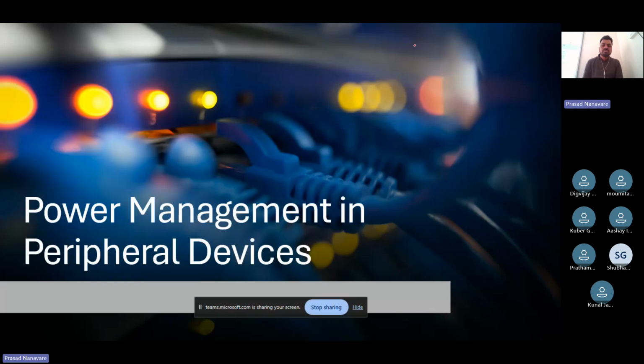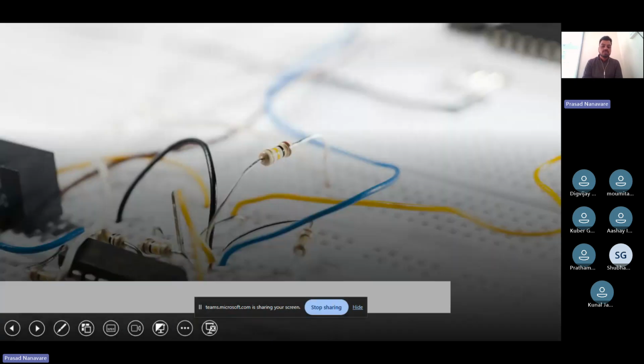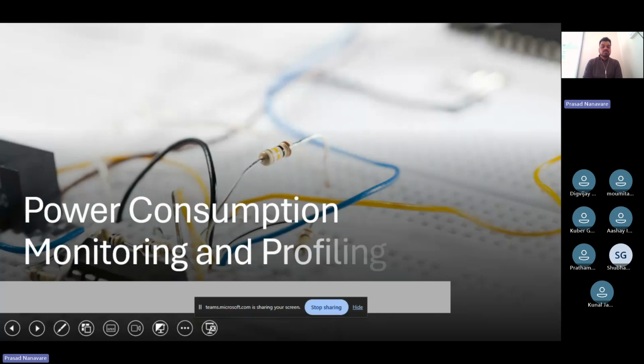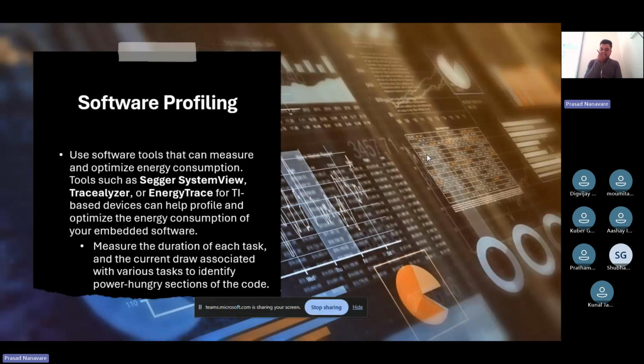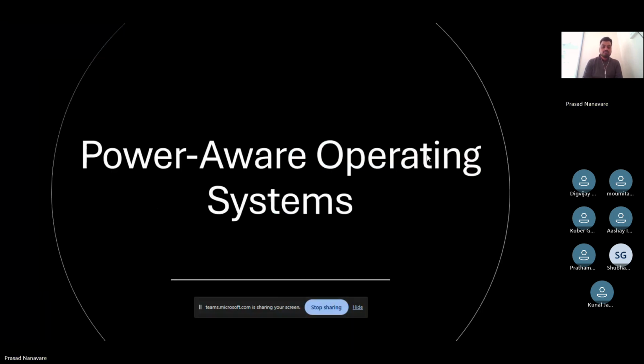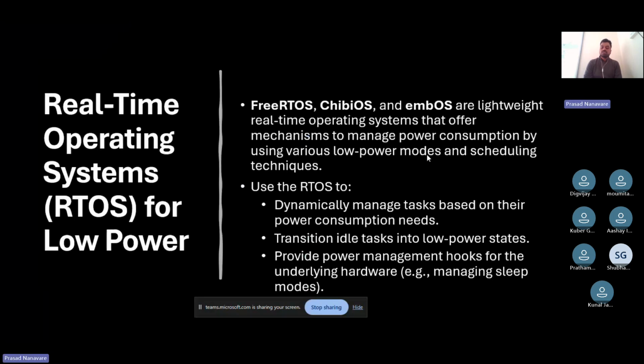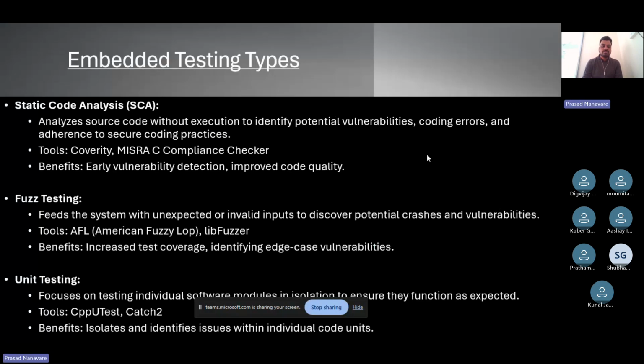Peripheral devices means keypad, LCD, any external RTC, any external counters, anything that is consuming power basically, and which is in modular format. Then monitoring and profiling we saw. Then there are tools available for that. This power aware operating system. So anyways, again, RTOS comes into play.